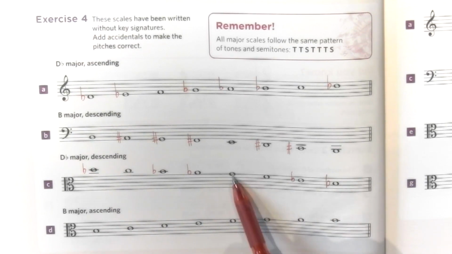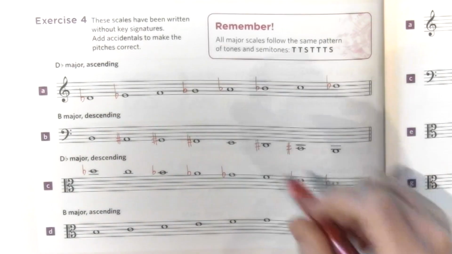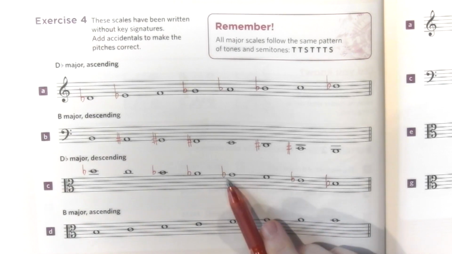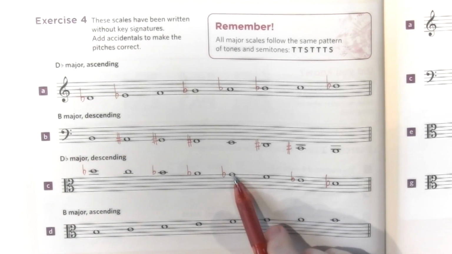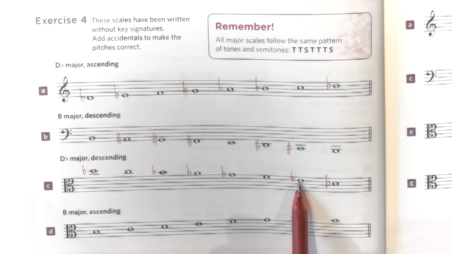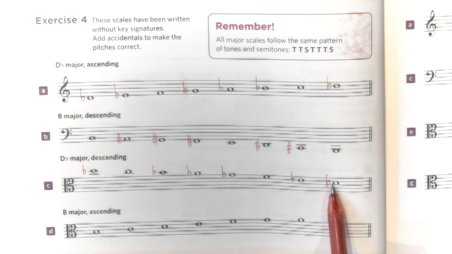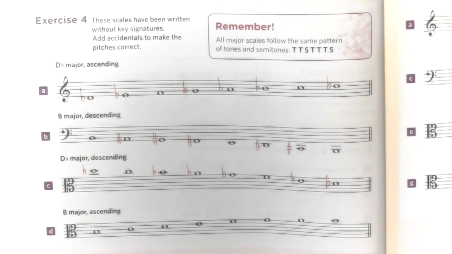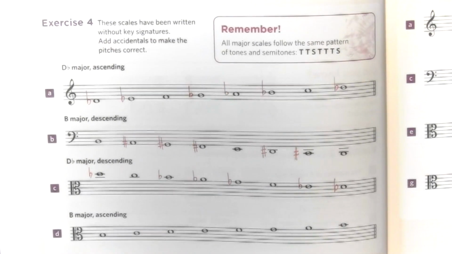And Sol, this one. Re, Mi, Fa, Sol. Plus 1, Fa plus 1, Sol. And 1, 2, 3, 4 and 5 flats included. This one, we must exclude it because that's the same note. Clear? All good? Shall we move on to the last one?